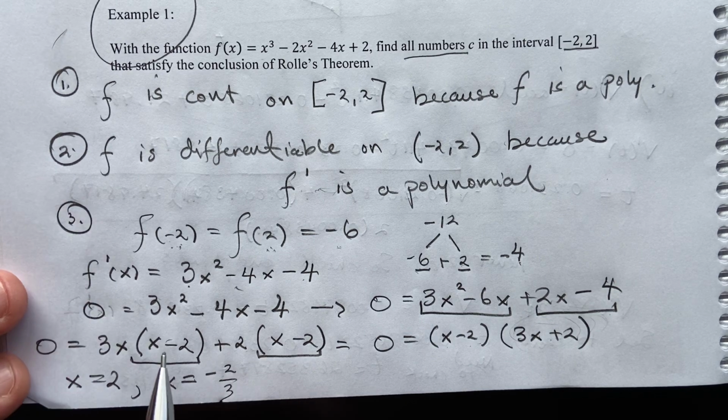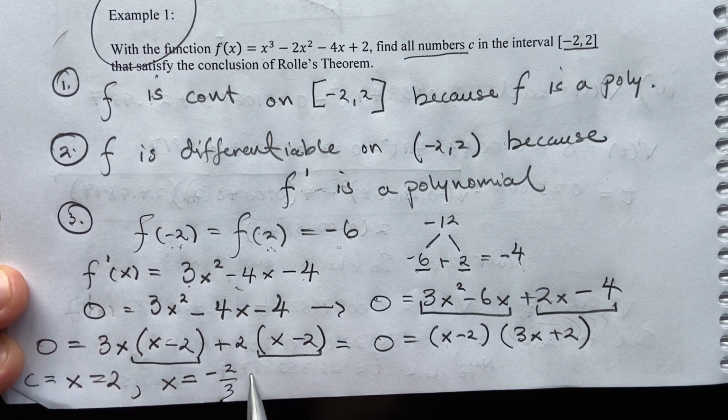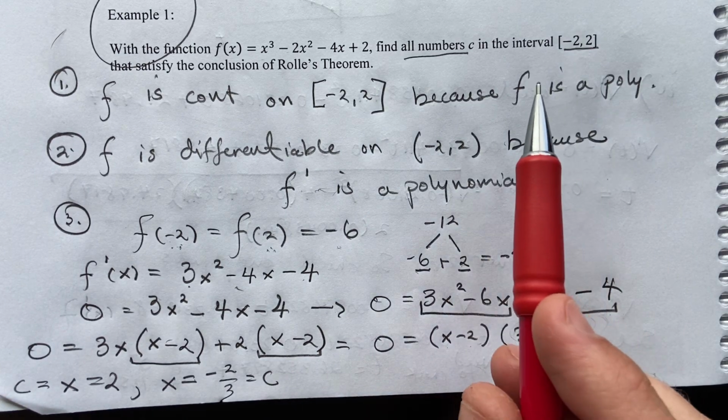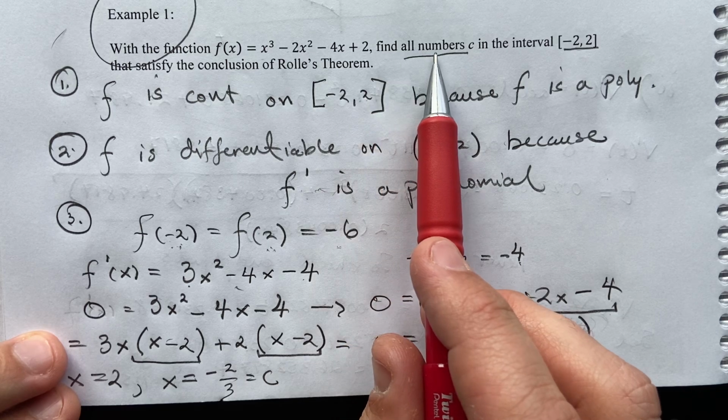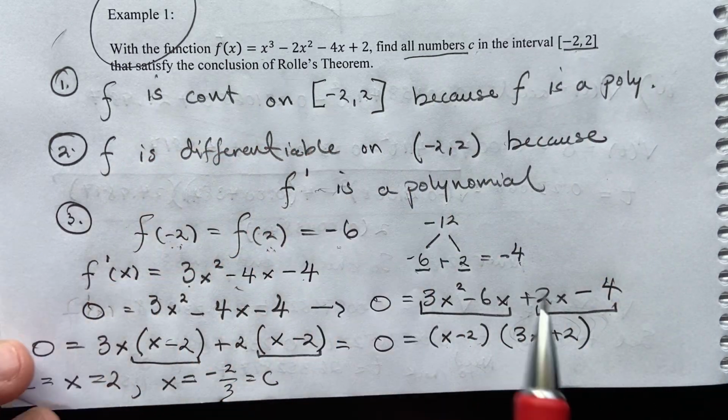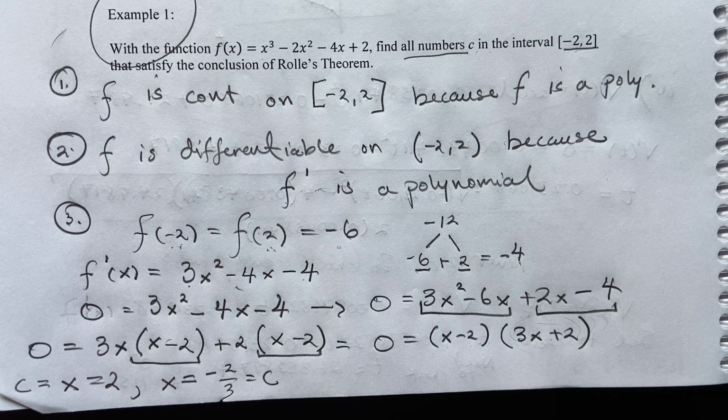These are those c's. Looking back at the problem, we were to find all numbers c in the interval negative 2 to 2 that satisfy this conclusion. We have found those two numbers.